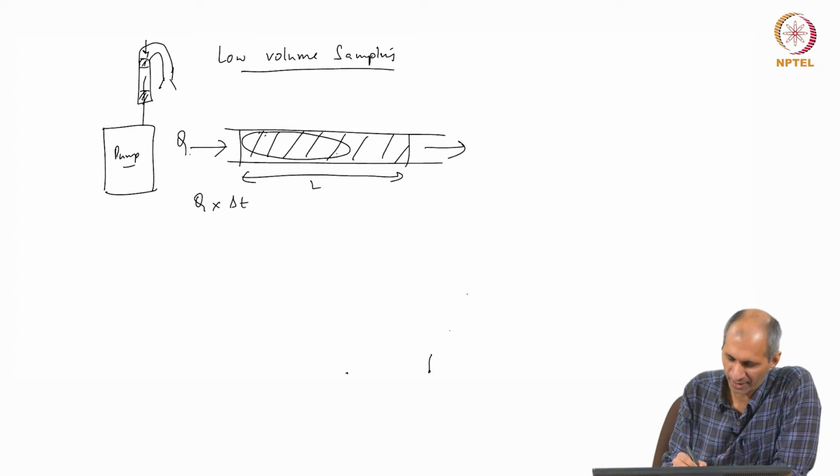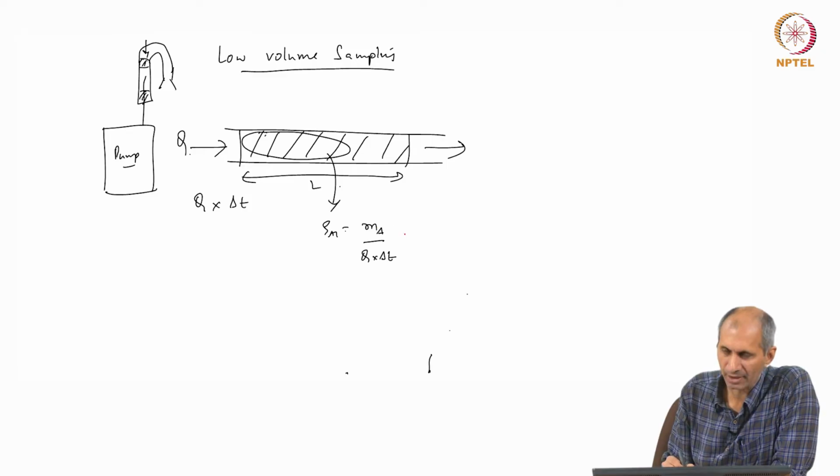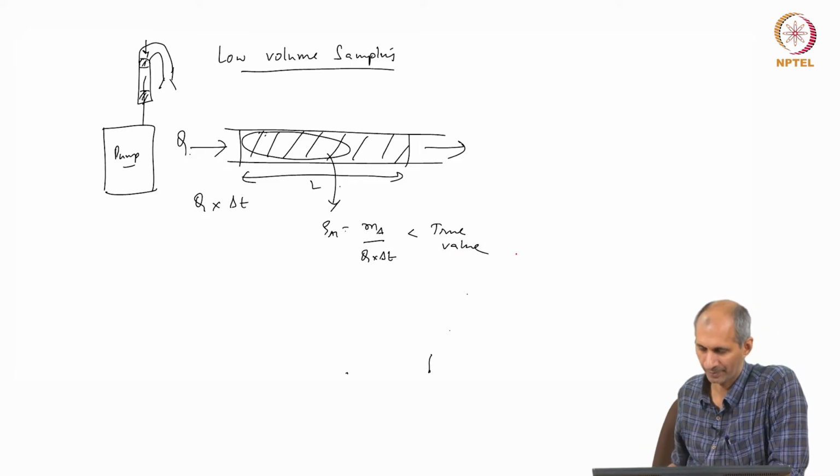Suppose I extract this and I get some concentration, rho A1, say some mass MA corresponding to whatever is there in this tube. I also know the volume multiplied by rho T. Now under what conditions is this less than the true value? If there are any losses.